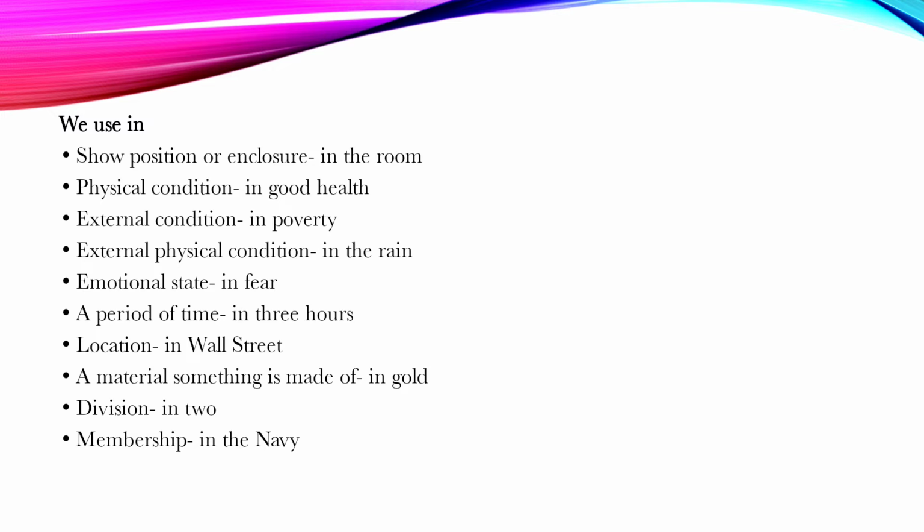When we mention the names of countries, continents, large towns, etc., we use in. In Wall Street, in Los Angeles, in Antarctica. All these are wide area places. There we use in as a preposition.